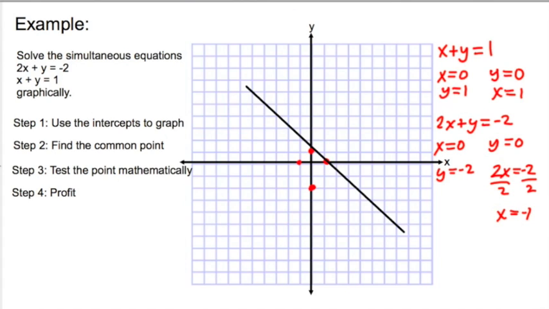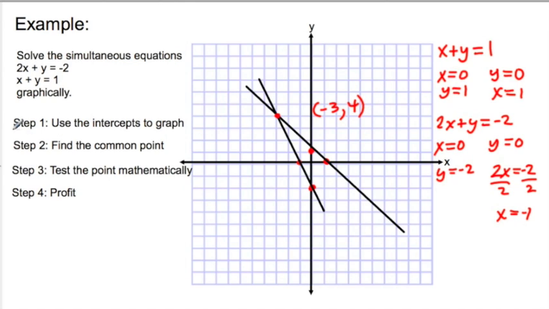I'm going to take another line and connect those 2 points. And I see that I have a point of intersection right over here. And it looks like that point of intersection is negative 3, 4.